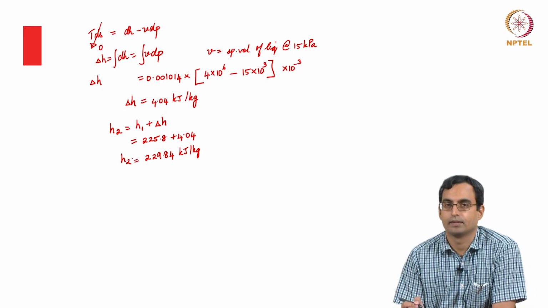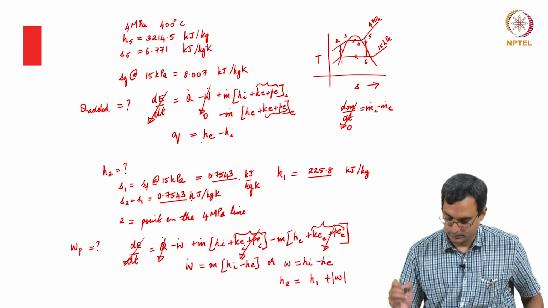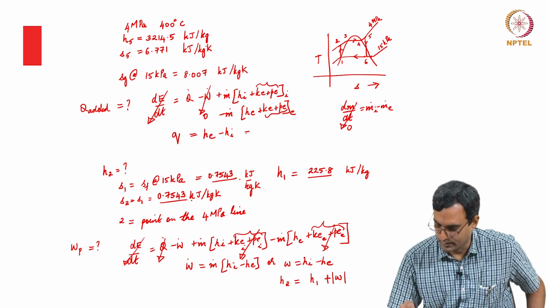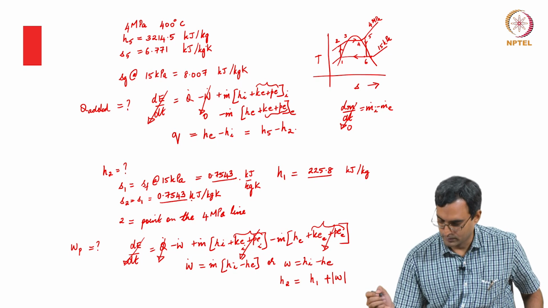So, we have found out this. The reason we were finding this out is because we wanted Q, which is essentially Hg minus this thing, which is essentially H5 minus H2.